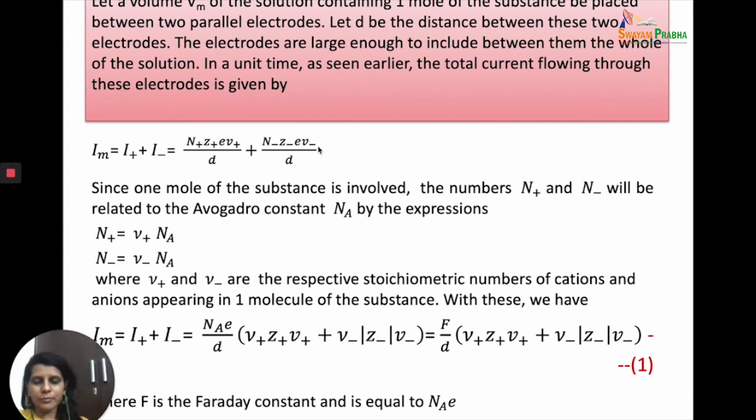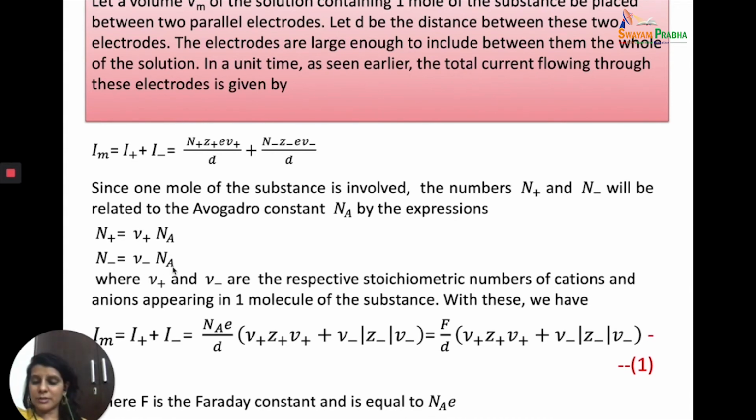Now let us suppose that one mole of the substance has N plus and N minus number of cations and anions. These are related to the Avogadro constant Na by the expression N plus is equal to nu plus into Na, and N minus is equal to nu minus into Na.